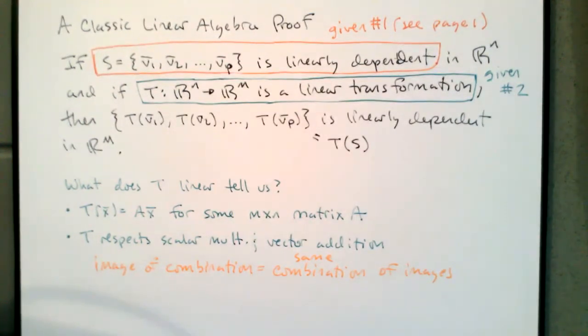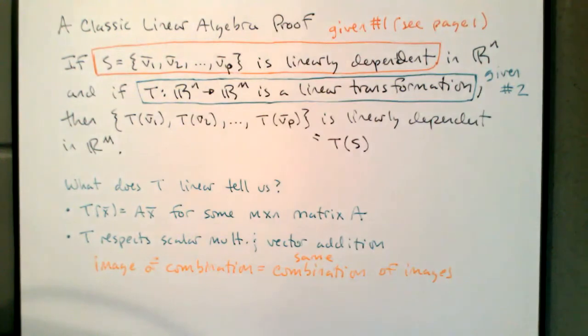So at a certain point, we're going to have to use one of these pieces of information, either the matrix bit or the fact that T respects scalar multiplication and vector addition. So we can see what's going to be relevant, because for the definition of linear transformations, this respecting scalar multiplication and vector addition seems to be a thing.